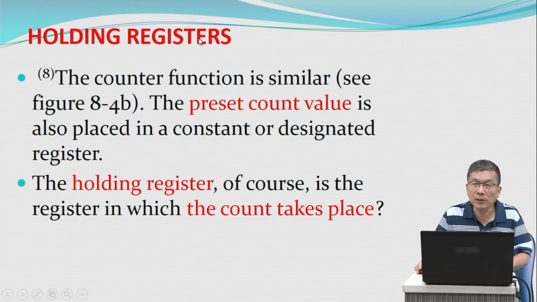The counter function is similar. See Figure 8.4b. The preset count value is also placed in a constant or designated register. The holding register, of course, is the register in which the count takes place.